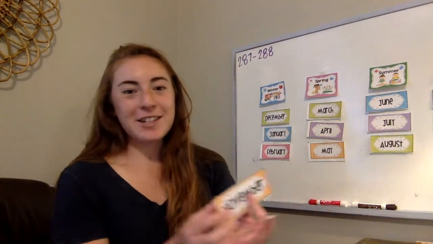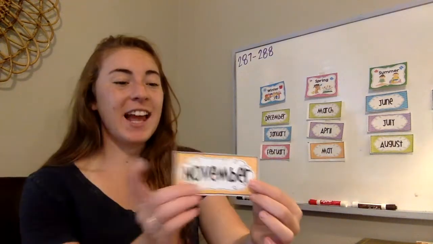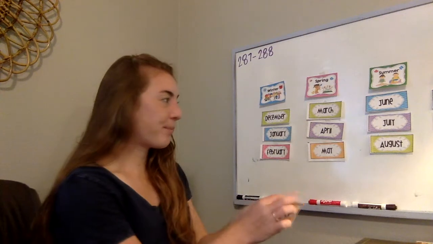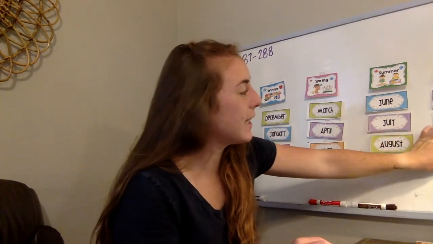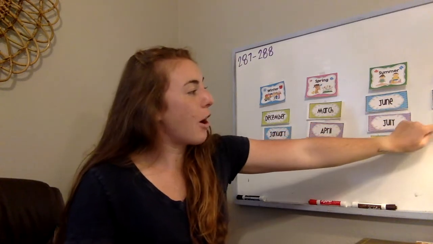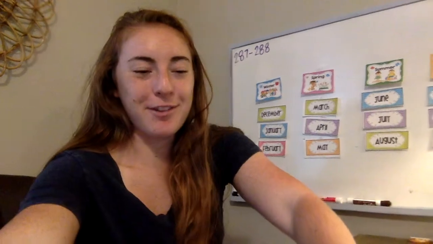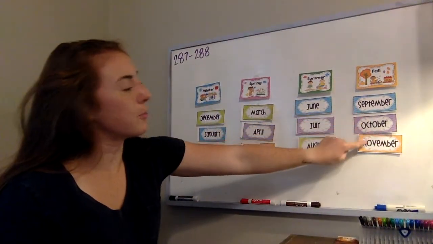And the holiday in November that we are familiar with is Thanksgiving. Thanksgiving happens in the fall. So the 3 months of fall are September, October, and November. You guys can't see it. There you go. September, October, November.